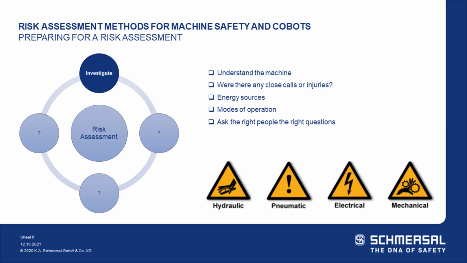So the first part of a risk assessment is to watch the machine in each mode and watch the operator interact with the machine. It's important to see how people interact. Over my time, I found that having a conversation with multiple operators and a few maintenance people is the best way to get up to speed with the machine. The magic question, I call it, right?